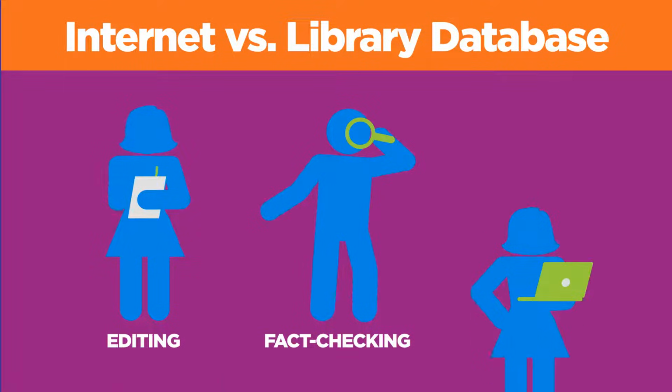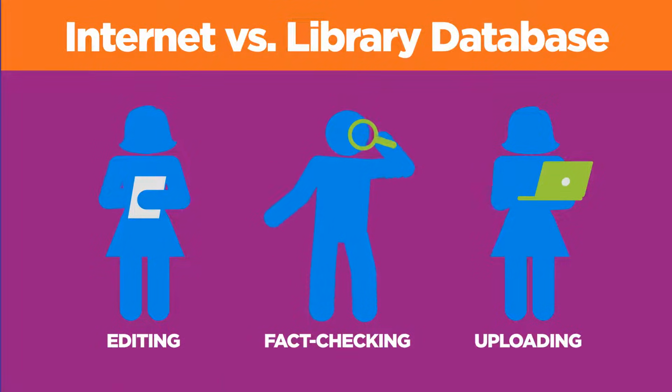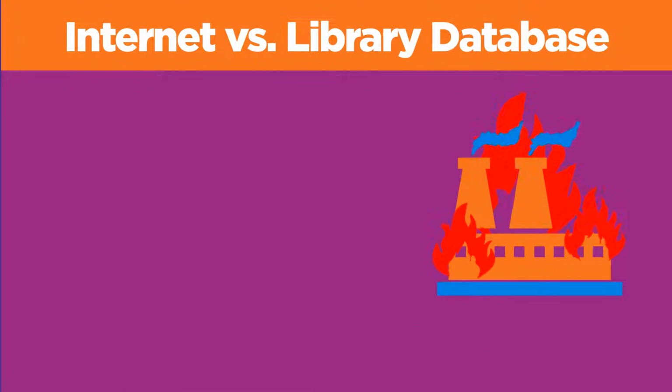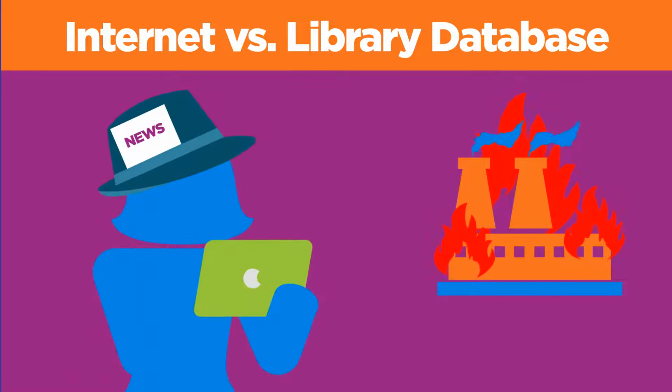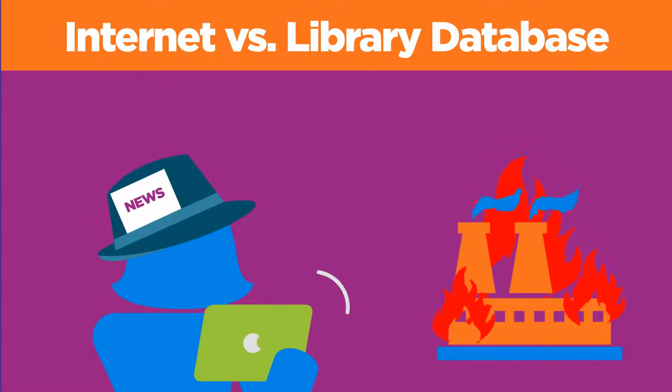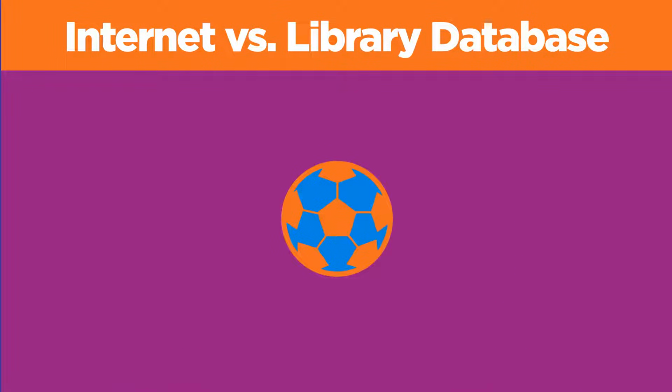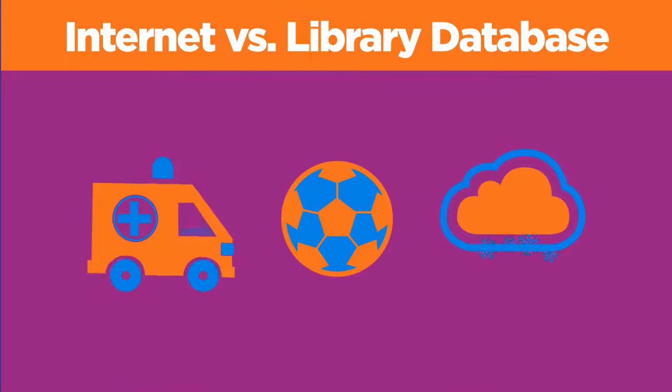Editing, fact-checking, and uploading articles to databases all take time, anywhere from a few weeks to a few months. On the other hand, without going through a detailed editorial process, internet information can be added as it happens. That is why you can often find up-to-the-minute information on the internet about certain events like sports, weather, and breaking news.